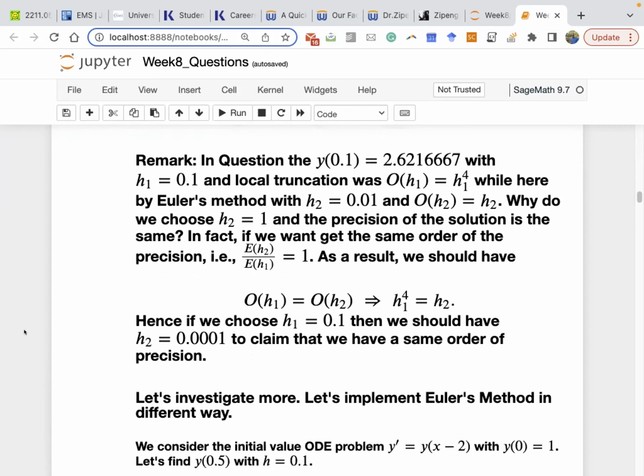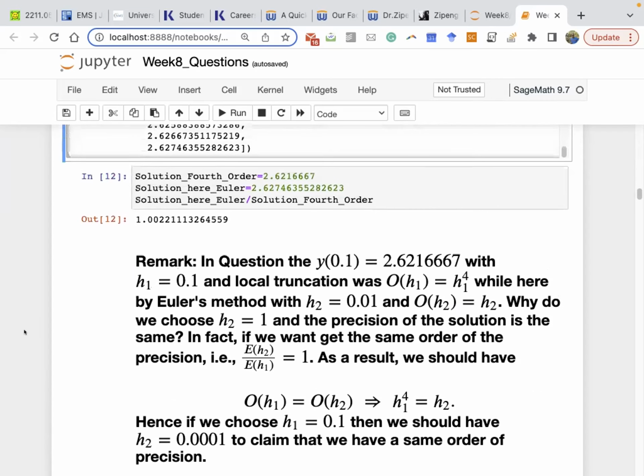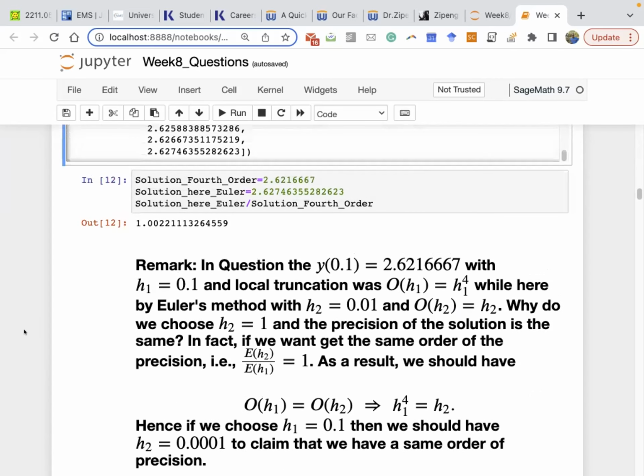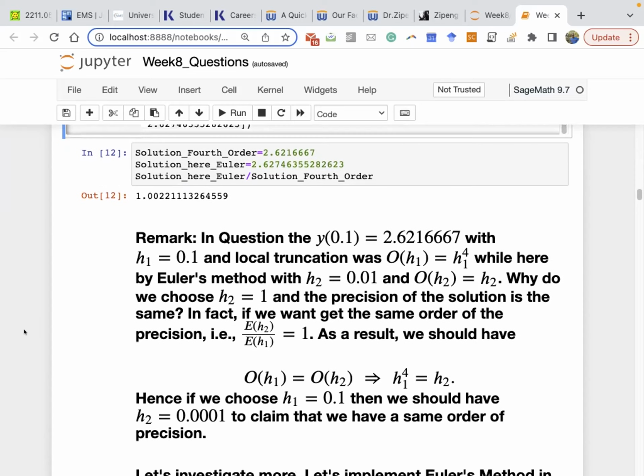Okay, so if I want to get the same answer, I want to get this solution here, Euler, divided by the solution from the PDF. I wanted this to be 1. This means the same precision. Okay, this is the 1.